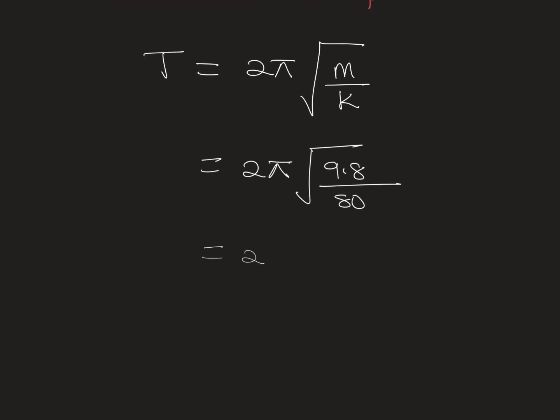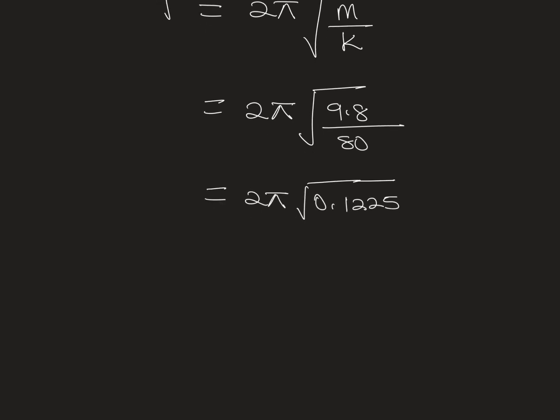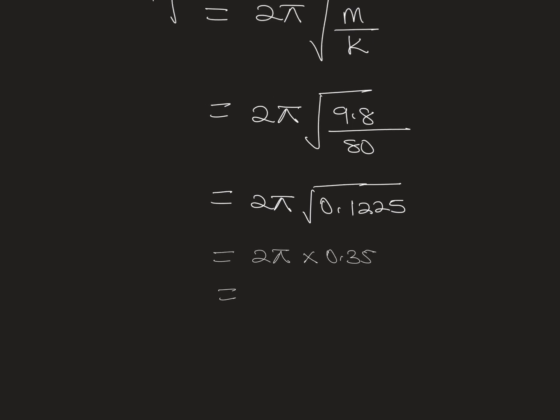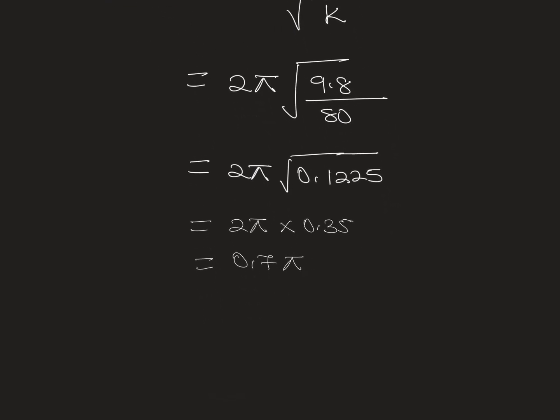So that's going to be 2 pi, the square root of 9.8 divided by 80, which is 0.1225. So that will be 2 pi multiplied by the square root of 0.1225, which is 0.35. So 2 times 0.35 is 0.7 pi, as the period in seconds.